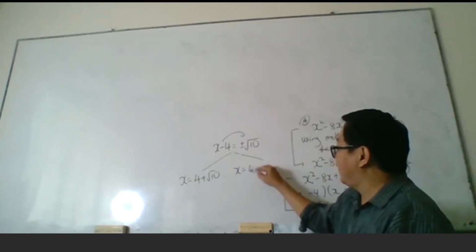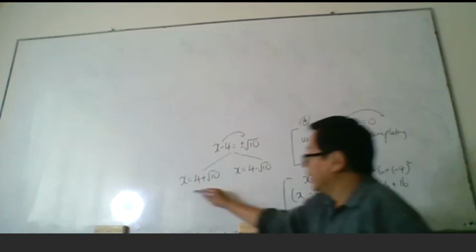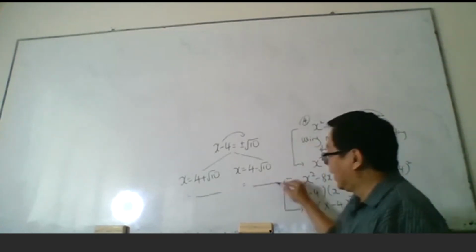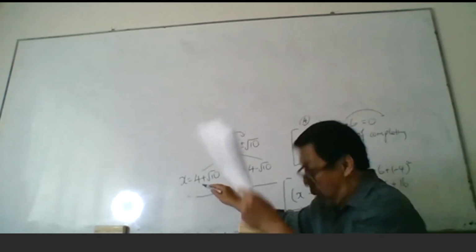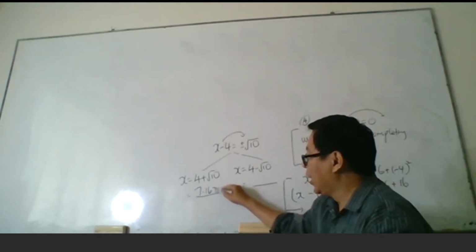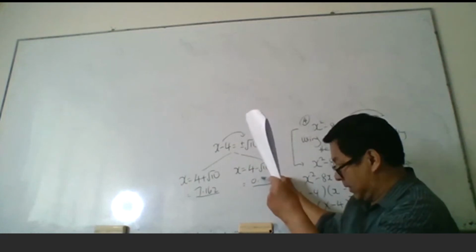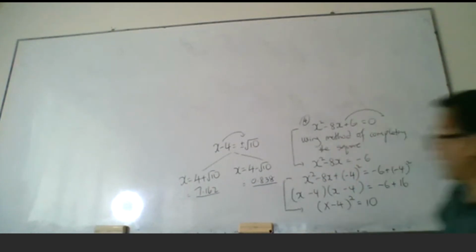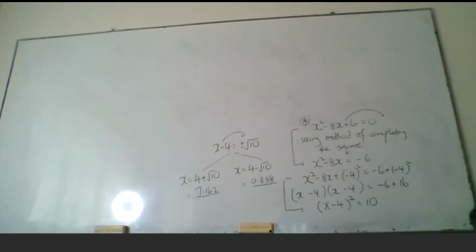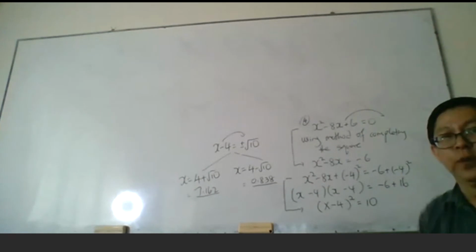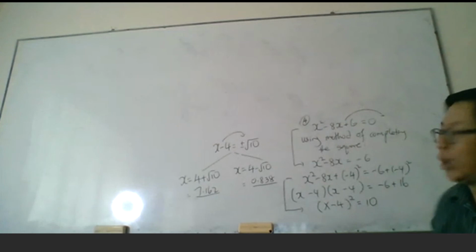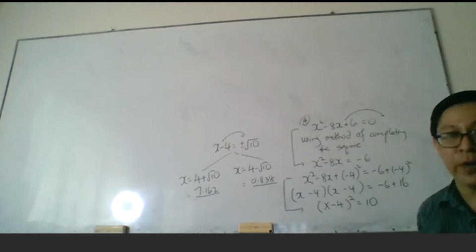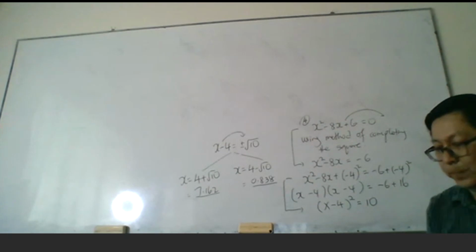So x can also be 4 minus square root of 10. You can use your calculator to determine the final outcome. One value will give you 7.162, and the other one 0.838. I took a simple question for you because in chapter 2, for quadratic equation, this is not important, but it is important in your quadratic function.